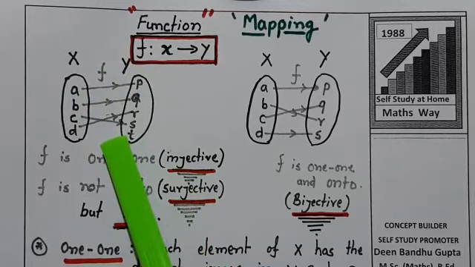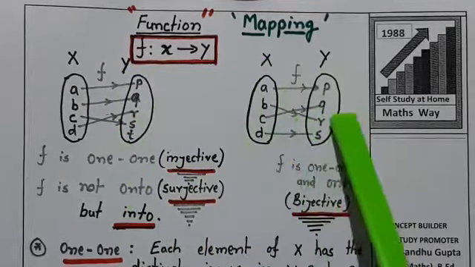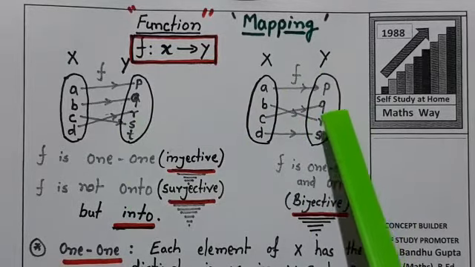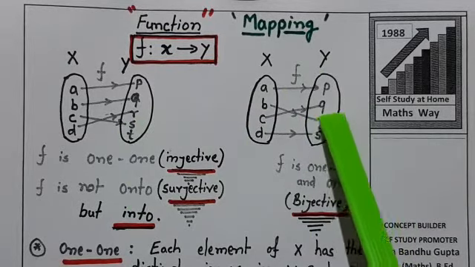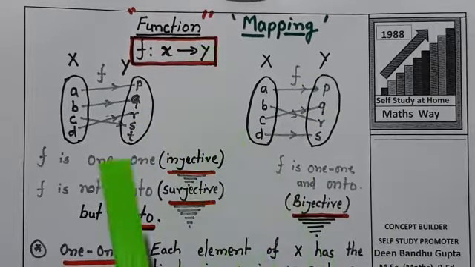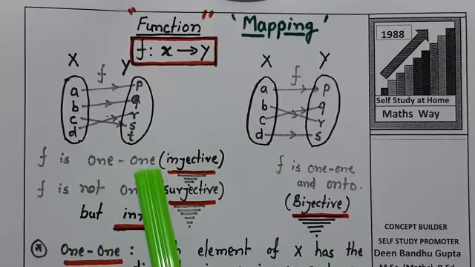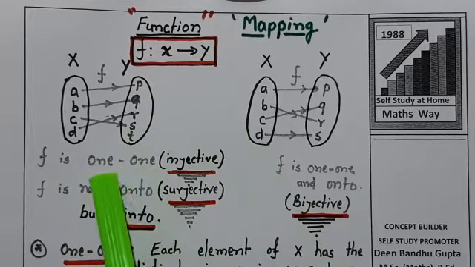This is called mapping. Here also, this is also a mapping. Now, in terms of mapping of function, f is 1 1 mapping, or we can say the function is 1 1.